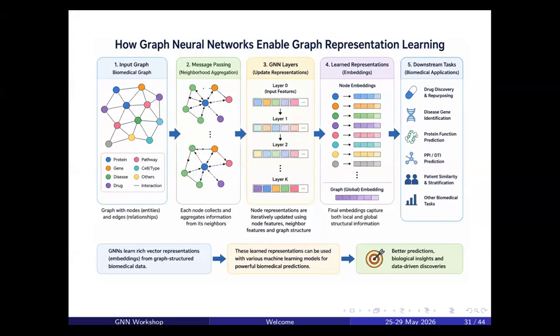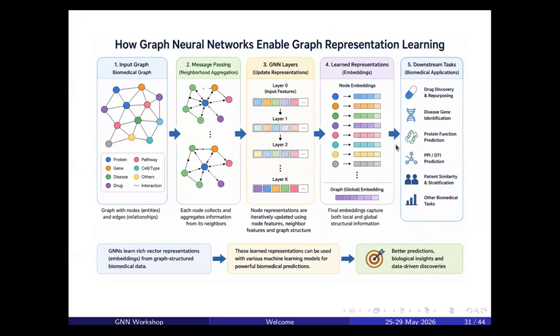So in many ways, a graph neural network basically learns a node embedding, which can be extended to either node or graph level embedding. And this embedding you can then use for any downstream tasks like drug discovery, disease gene identification, protein-protein interaction, any kind of similarity prediction, or other biomedical tasks.